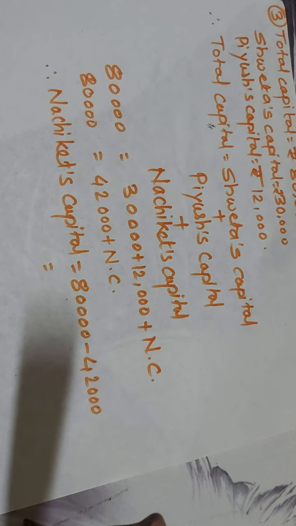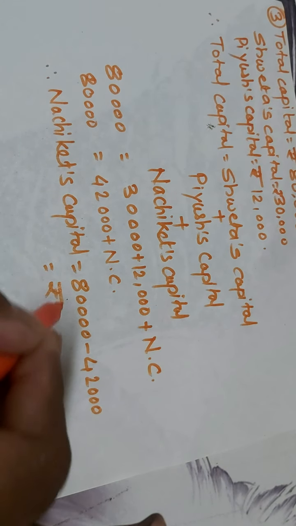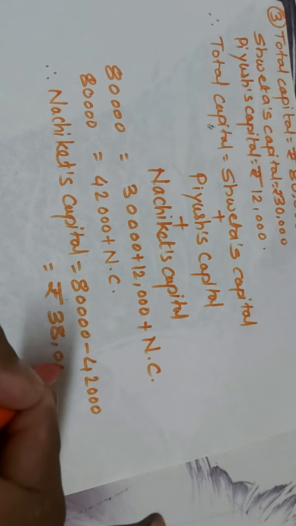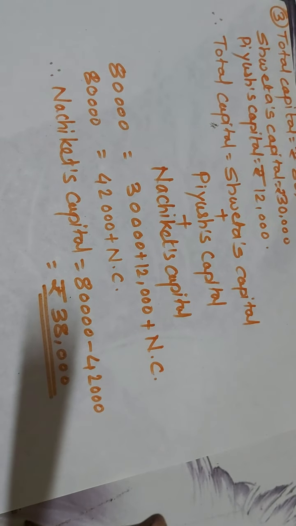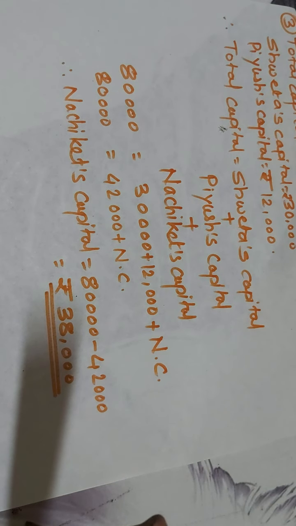Now 80,000 minus 42,000 is equal to rupees 38,000. Now we got Nachiket's capital. So the first question's answer we got: what was Nachiket's investment. And what was his share of the profit? Here we have to find only Nachiket's share of the profit.